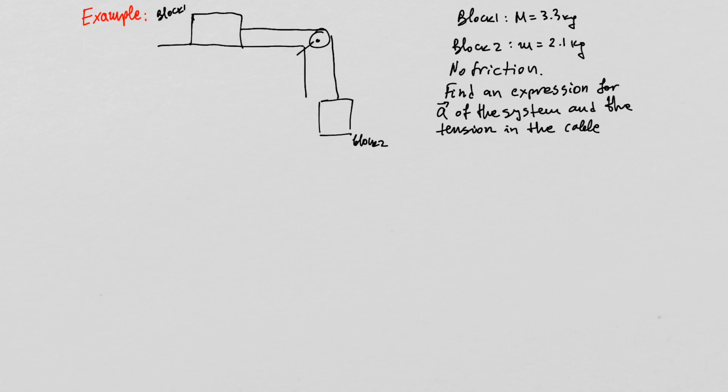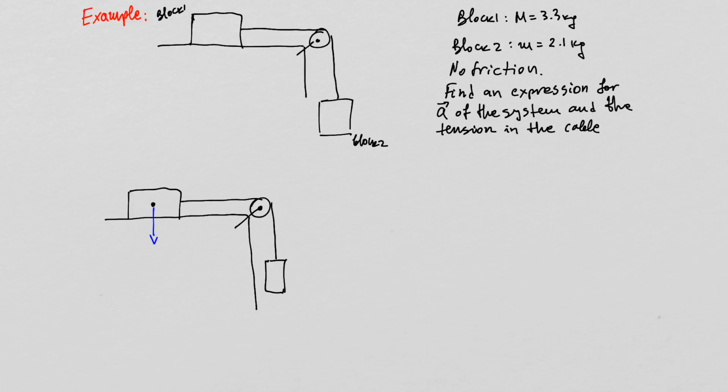In order to be able to solve the problem, I need to draw a free body diagram. I'm going to draw the free body diagram for both blocks at the same time. So for block number 1, we have the weight of the block straight down.